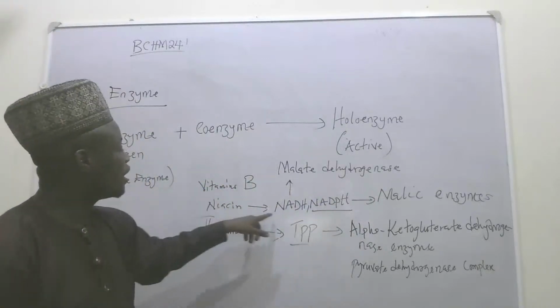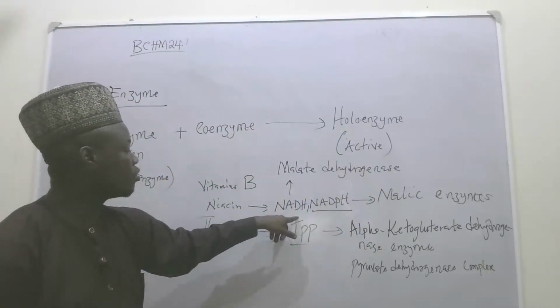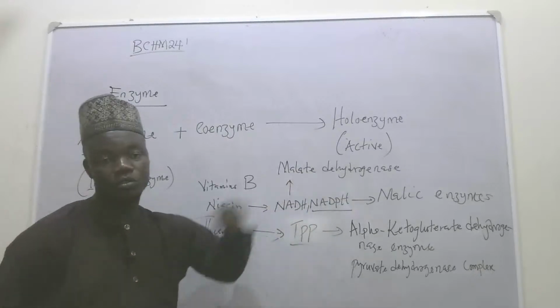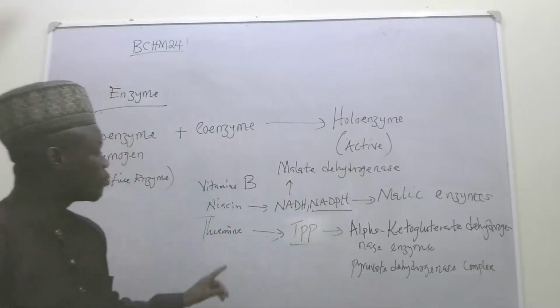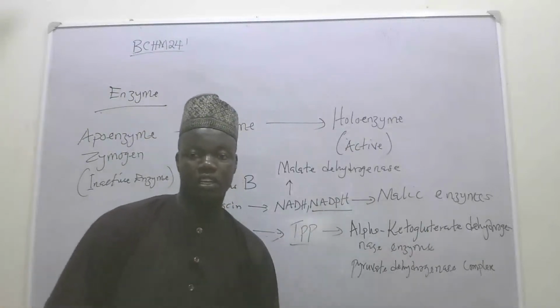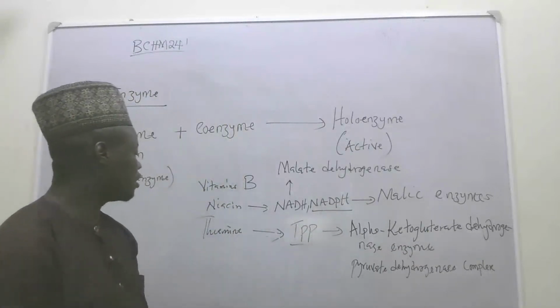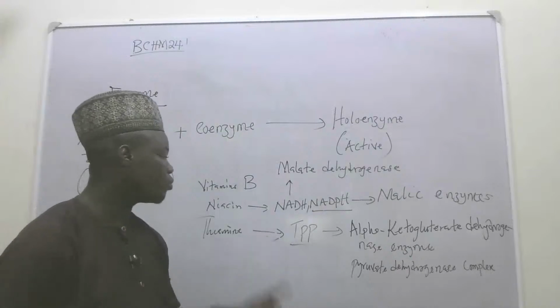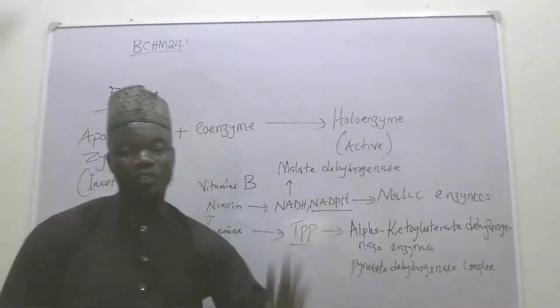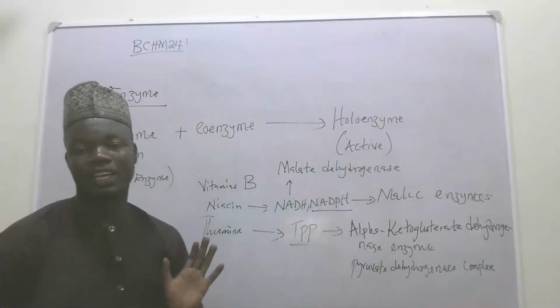An example of an enzyme that requires NADH is malate dehydrogenase. Another example, an enzyme that requires NADPH, is malic enzyme. Other examples of enzymes that require thiamine pyrophosphate are alpha-ketoglutarate dehydrogenase and pyruvate dehydrogenase complex. So that is just the answer.